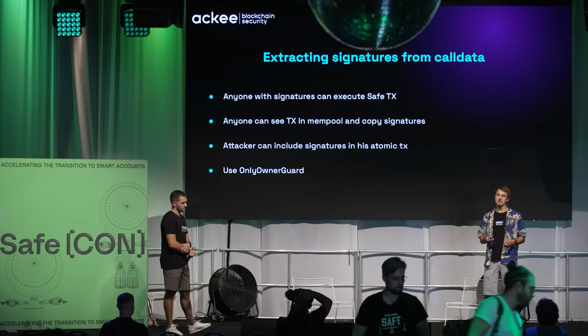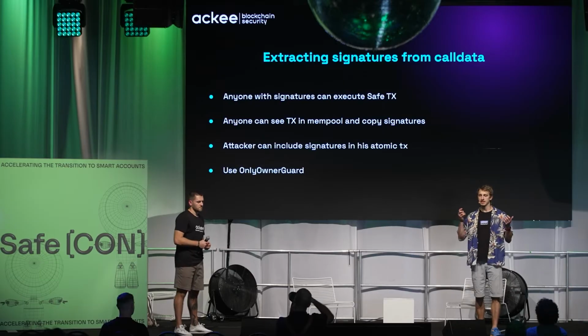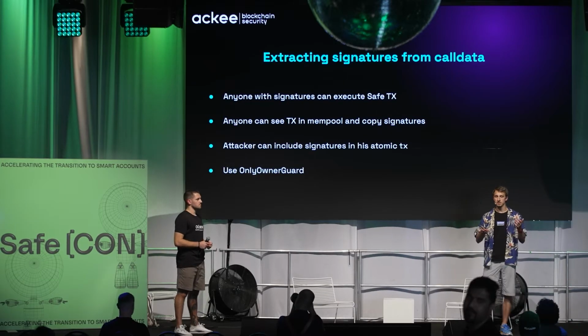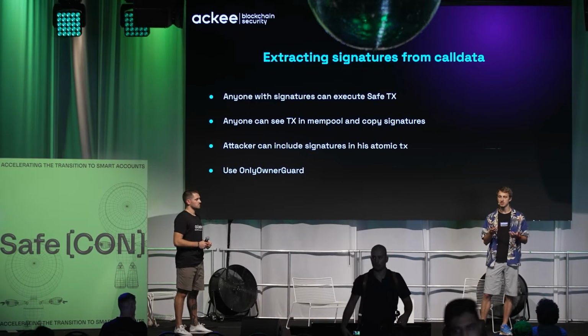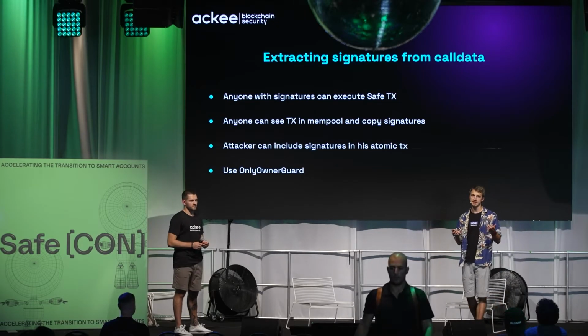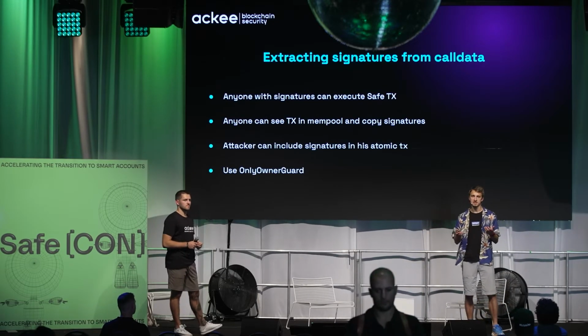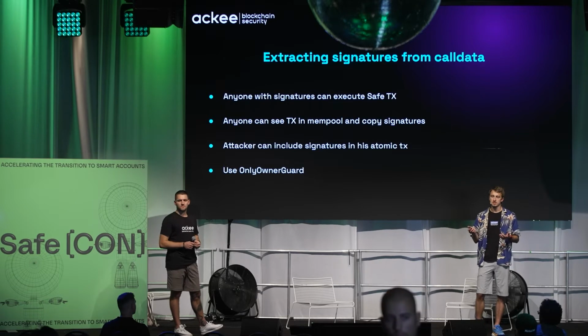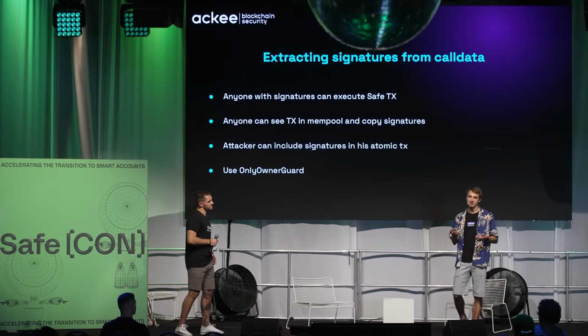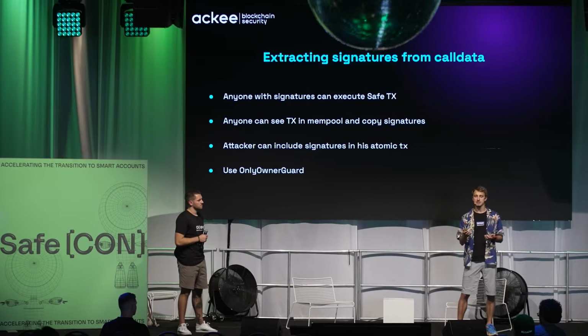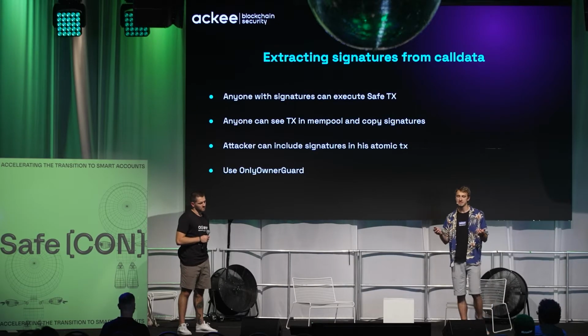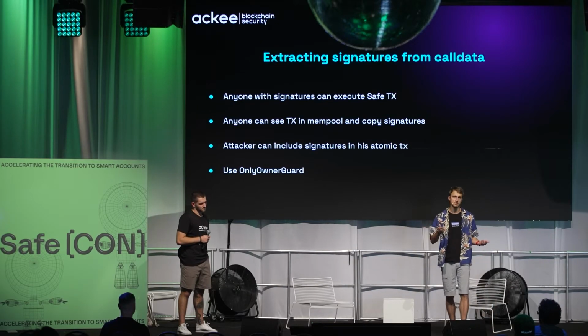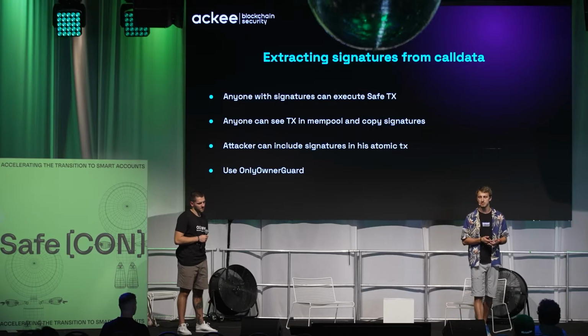Another thing to keep in mind is that in AA, we basically decouple the verification from the message.sender. So for example, in the context of ERC 4337, the message.sender will be the bundler. So the verification is done by checking the signatures. And if I, as an owner of a Safe, make a transaction, I will send it to the mempool, and it will be sitting in the mempool.